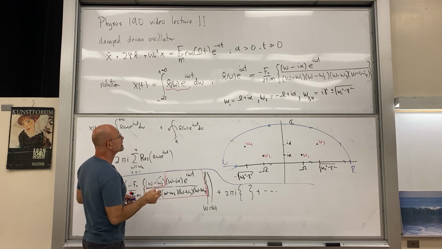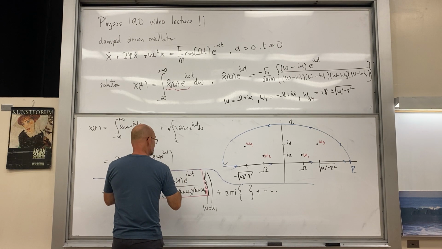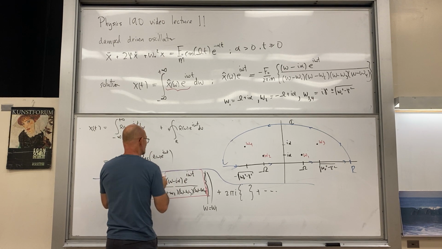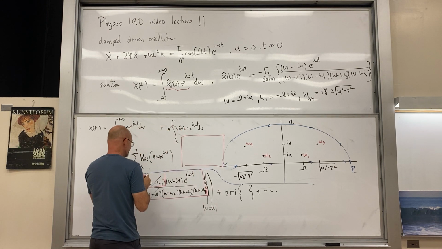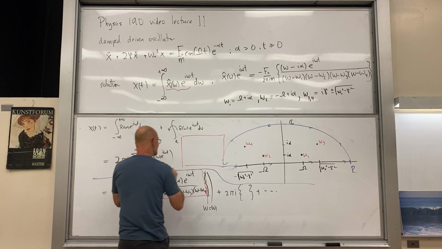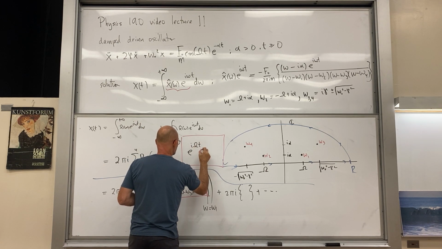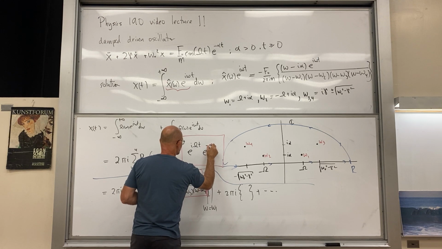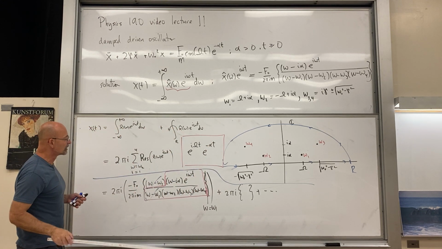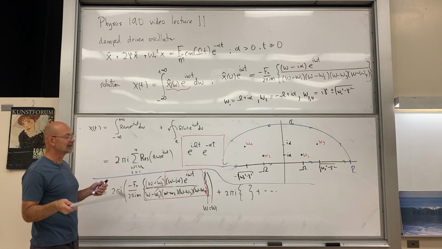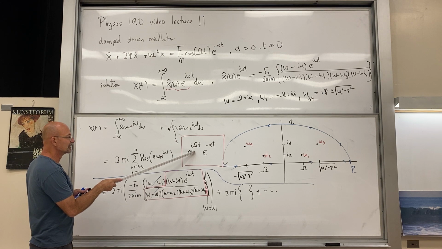So, of course I don't have that much board left, but I'm going to block out a red square. You guys put this where it fits best. Here's what you're getting: e to the i omega t times e to the minus alpha t. Everything is going to be well behaved, so when you take that limit alpha goes to 0, you're left with e to the i omega t.